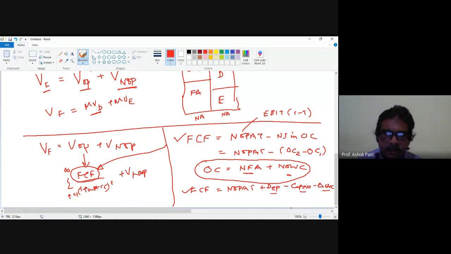But anyways, either you use this formula or this formula, you will get this value for a particular year. Okay, so this FCF will be calculated for the past period also, and it will be used to find out what is the trend, and from there we'll forecast.